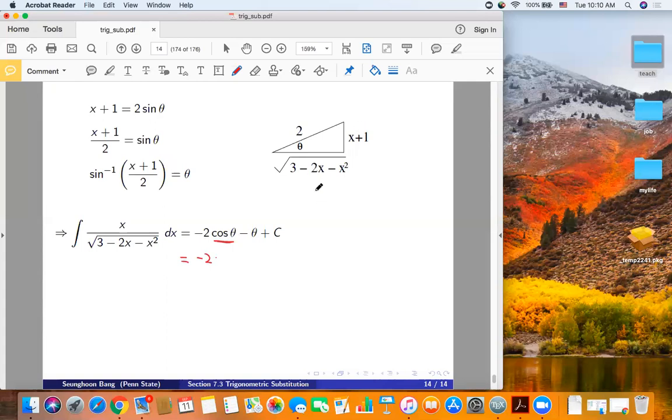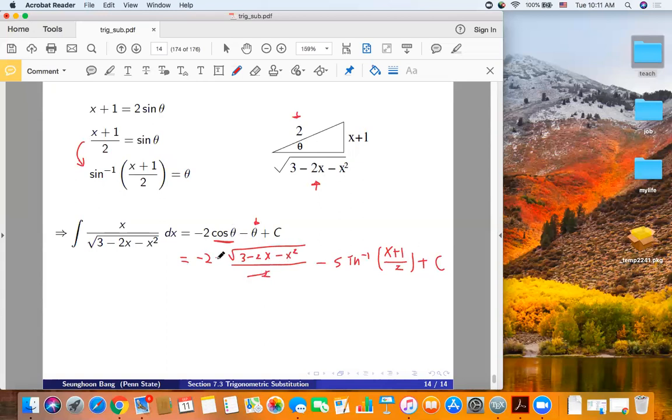Cosine theta is adjacent over hypotenuse, the square root of 3 minus 2x minus x squared over 2. For theta, you have to change back using the inverse function, so we have inverse sine of x plus 1 over 2 plus c.